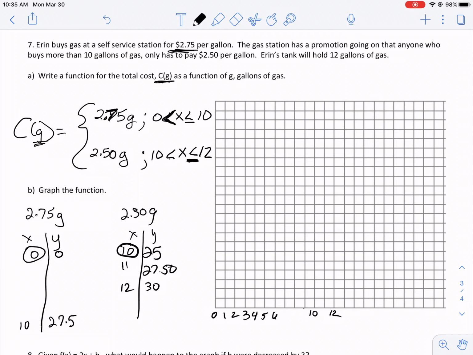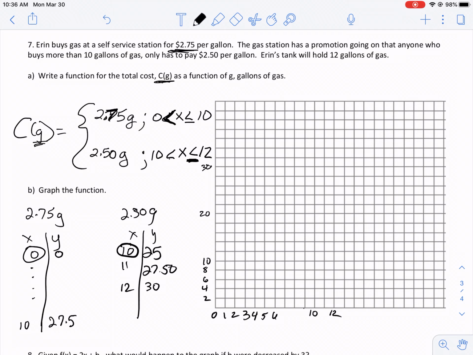And let's see, we got to go up to $30 here. I don't have 30 squares, so I think I'm going to count by twos. Okay, so I don't have my calculator with me, which is why I'm not filling in that table.